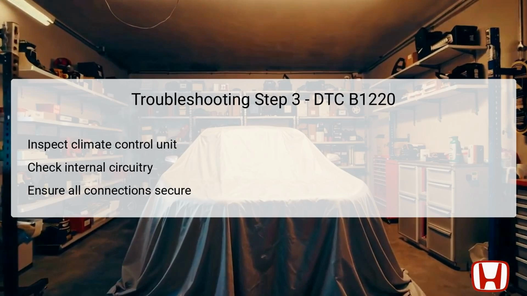The third troubleshooting step involves a thorough inspection of the climate control unit itself. Prior to this inspection, ensure the recirculation control motor connector remains disconnected. This step allows for a direct assessment of the climate control unit's internal circuit. When the ignition is in the on position, the technician must check the output voltage, which should also be around 5 volts under normal operational conditions.